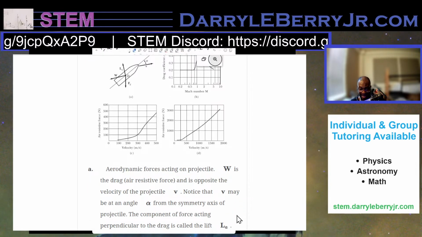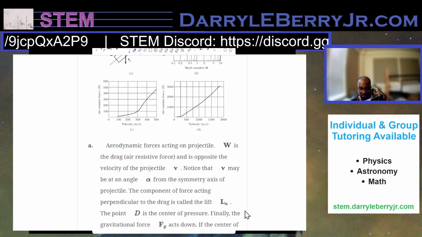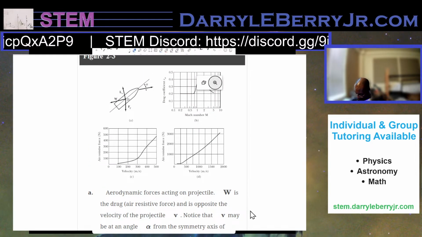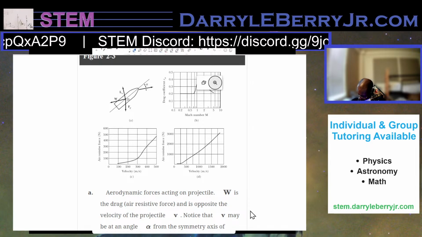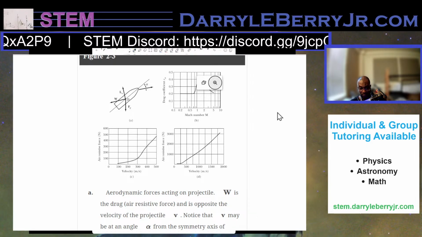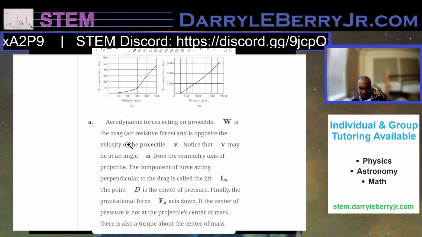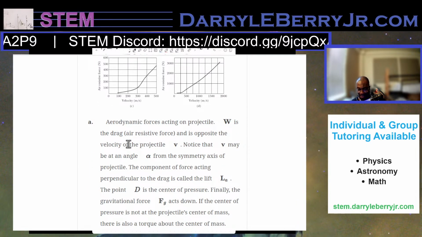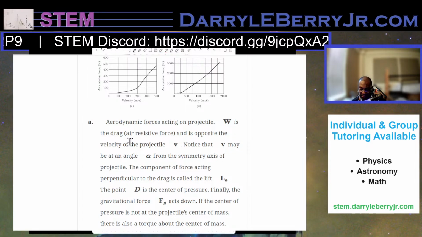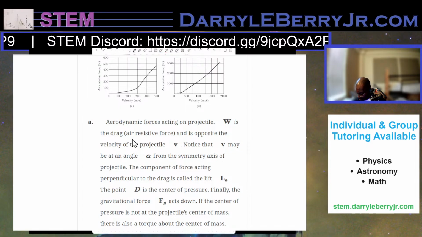The component of force acting perpendicular to the drag is called lift. The point D is the center of pressure. Finally, gravitational force acts down. If the center of pressure is not at the projectile's center of mass, there's also a torque about the center of mass.